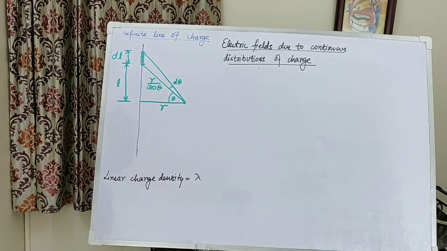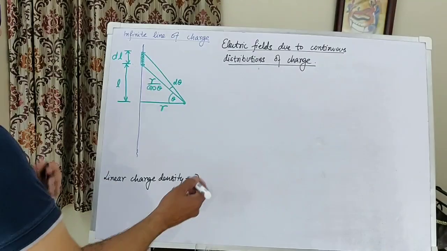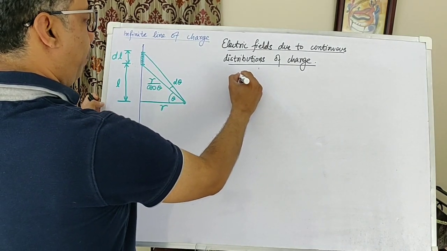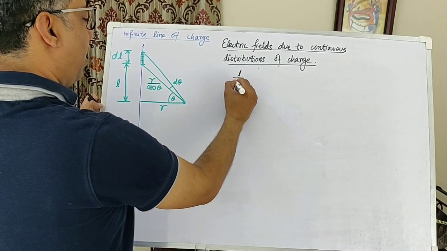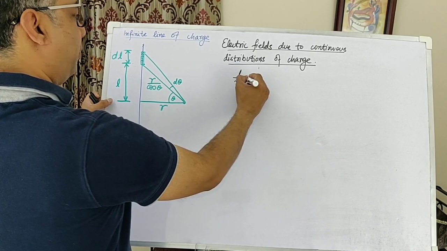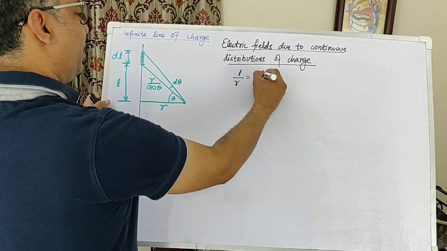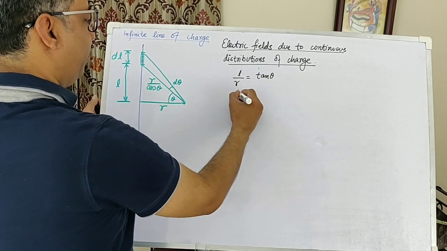Now let's say this L divided by R gives us, of course, tan theta.